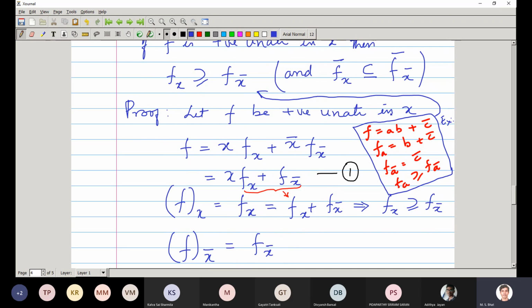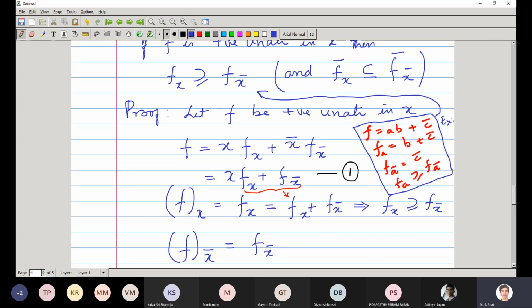If F is positive unate in X, then I can write F as x Fx plus x bar Fx bar. Since it is positive unate, x bar doesn't appear at all, so I can write it as x Fx plus Fx bar.